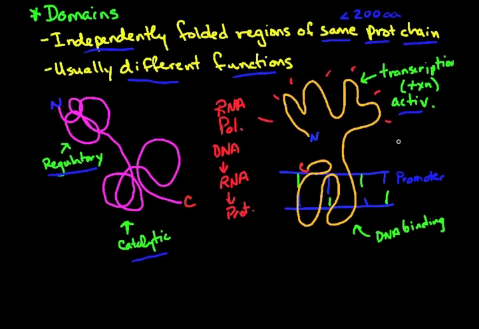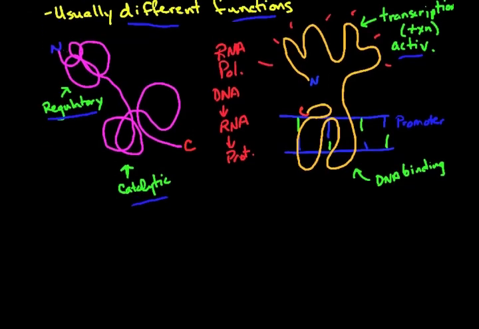Its job is to act as a transcription factor, so it has a domain that binds to a specific sequence of DNA in a promoter region of a gene and signals for transcription of that gene to happen with this domain up here, this N-terminus domain. Okay, so that is the discussion of domains.